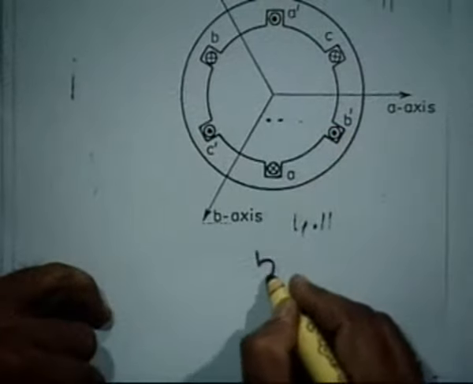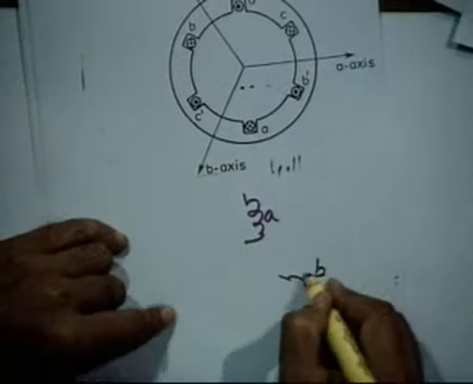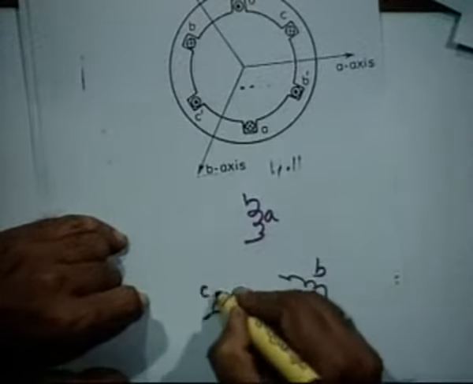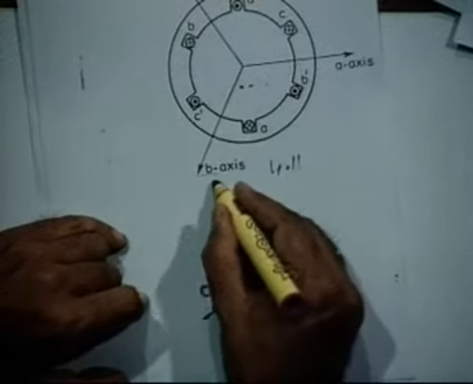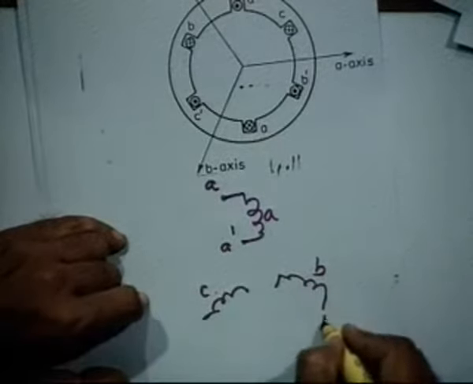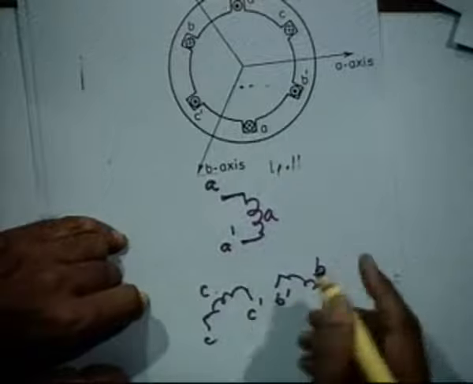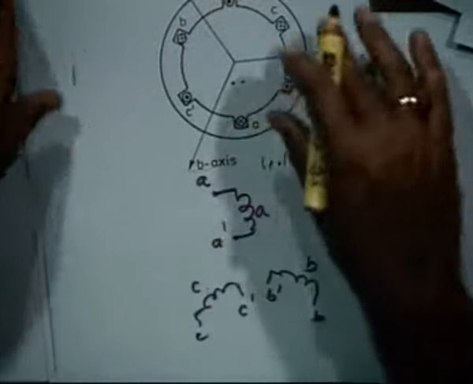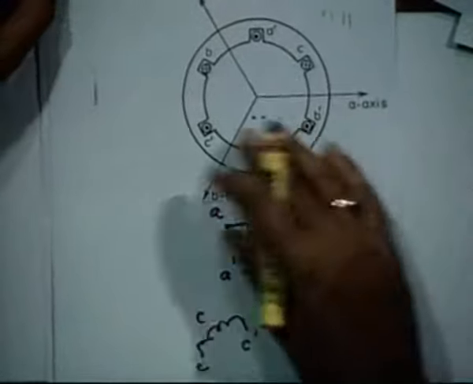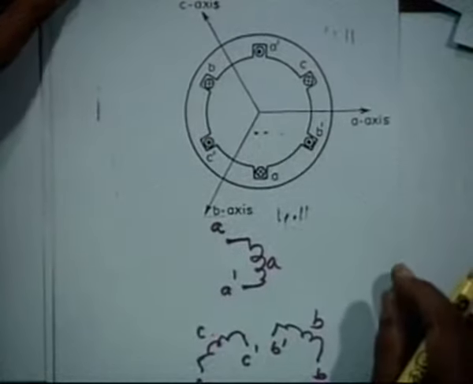Each winding has its terminals, A dash, B dash and C dash, and you can connect them in star or delta. So you have a 3-phase distributed winding located in slots to create the stator of a synchronous machine.